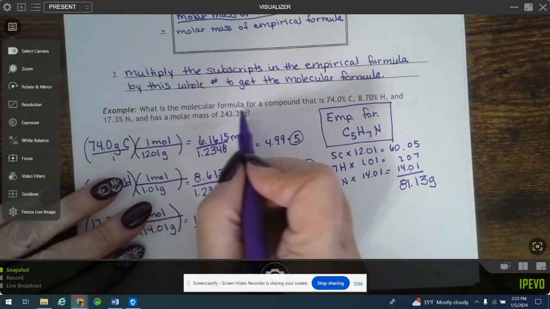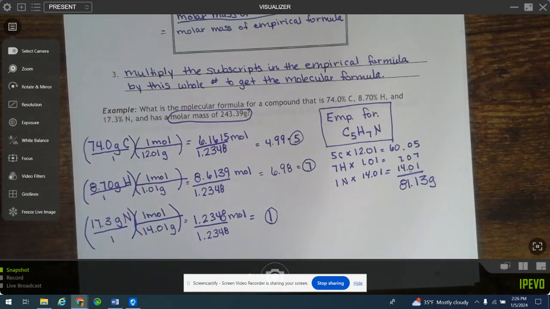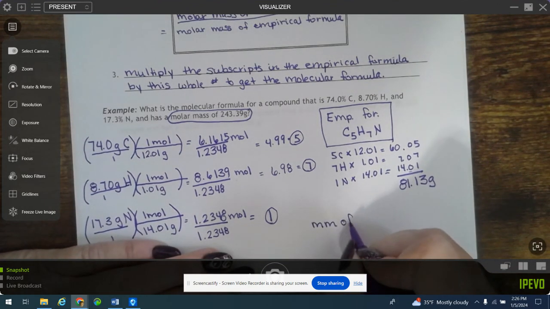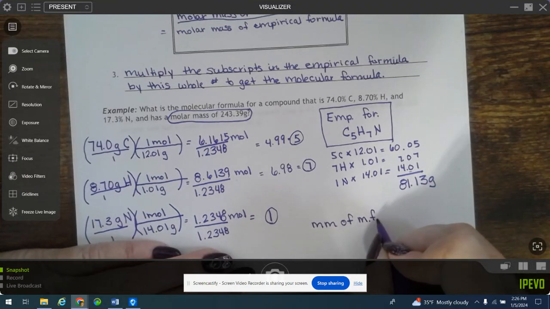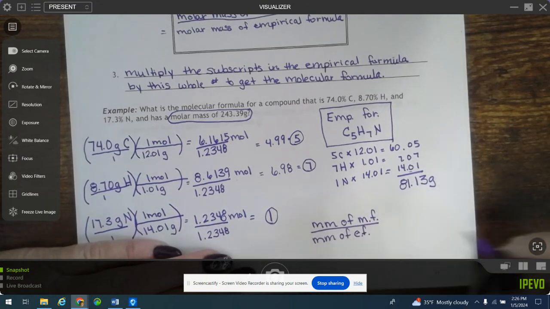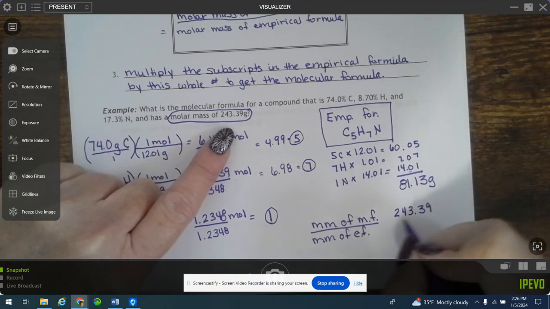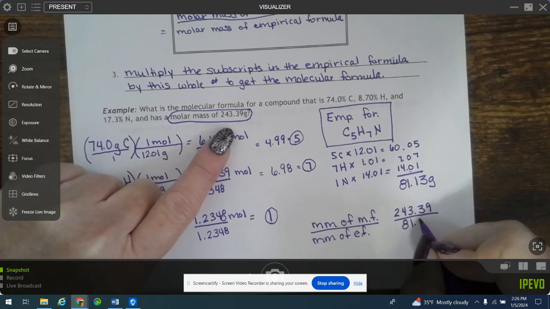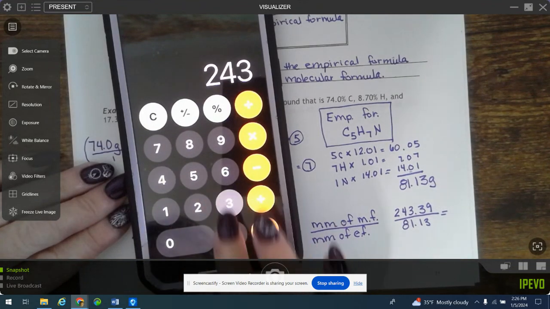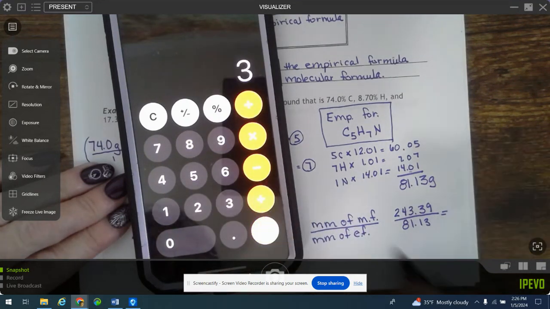Now, the problem tells me that the compound has a molar mass of 243.39. So I'm going to take the molar mass of the molecular formula over the molar mass of the empirical formula. 243.39 divided by 81.13 is 3.